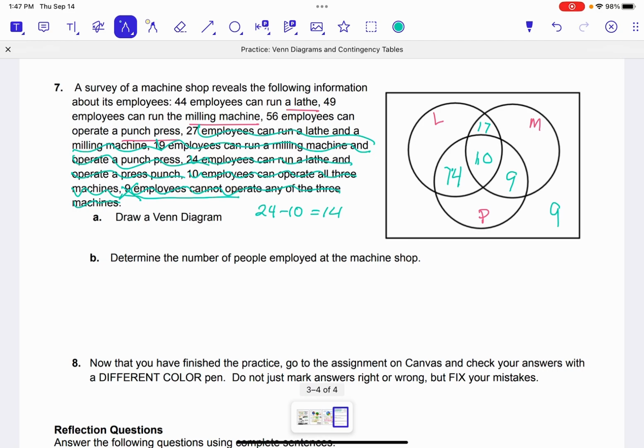44 employees can run a lathe. So if I'm thinking about that, 44 total equals the 10, because we're looking everywhere in this circle. So we have the 10 plus the 14 plus the 17 plus some unknown number that will get us our leftover. 10 plus 14 is 24.